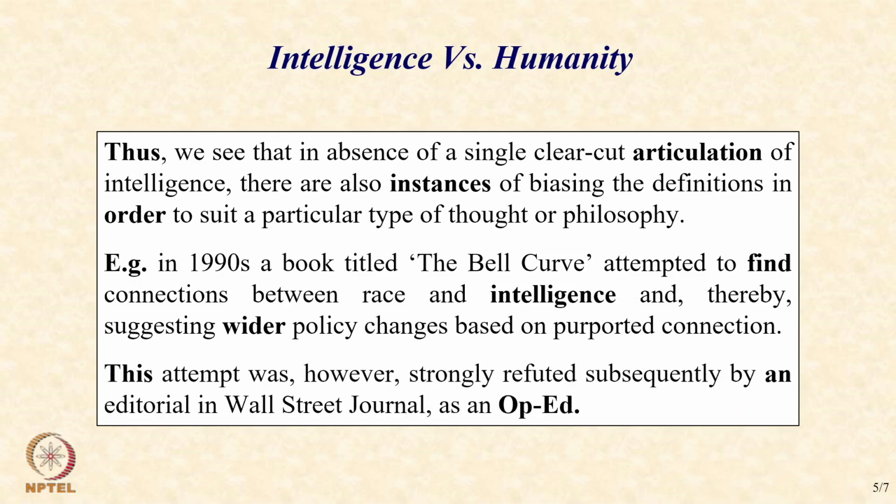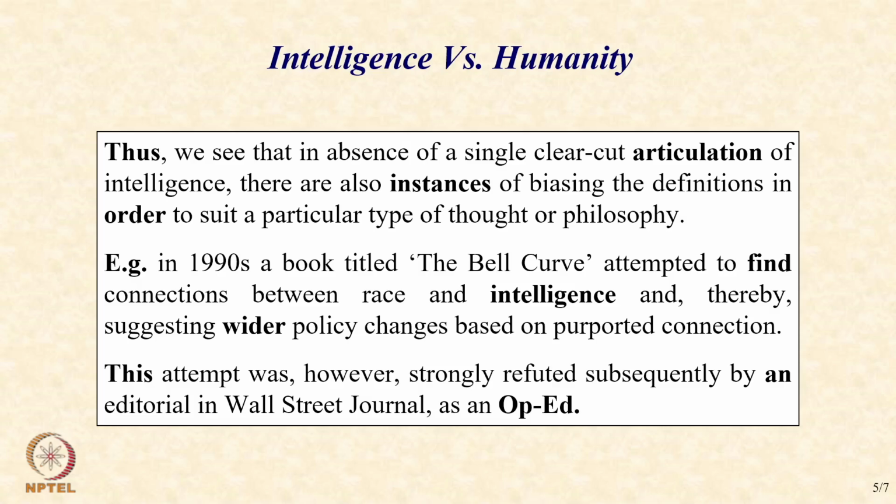Now, of course, this attempt was strongly refuted subsequently by an editorial in the Wall Street Journal as an op-ed. The editorial clearly said that there is no such connection between race and intelligence, and that to make policy changes based on this is not acceptable.